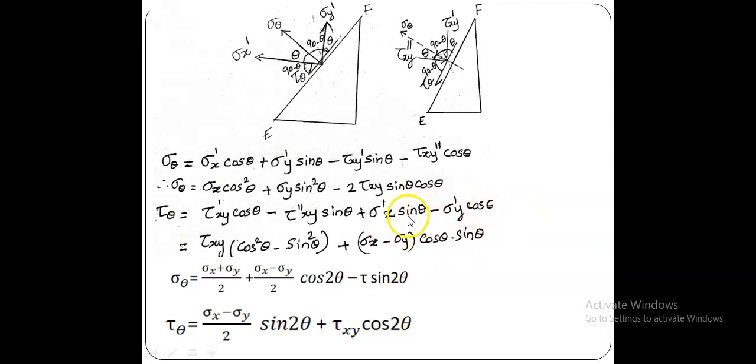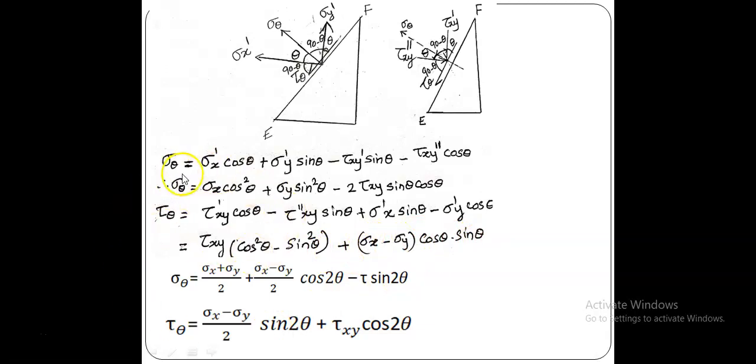Let us take sin theta cos theta outside, therefore tau theta becomes tau xy into cos square theta minus sin square theta, plus sigma x minus sigma y cos theta sin theta.